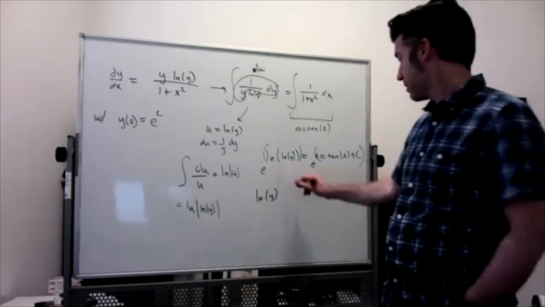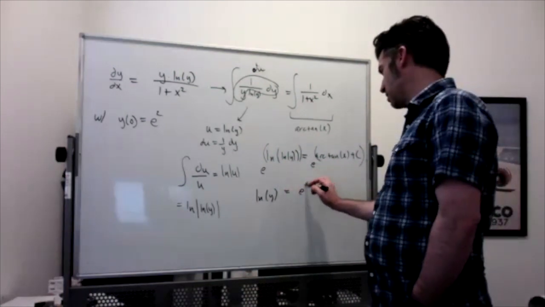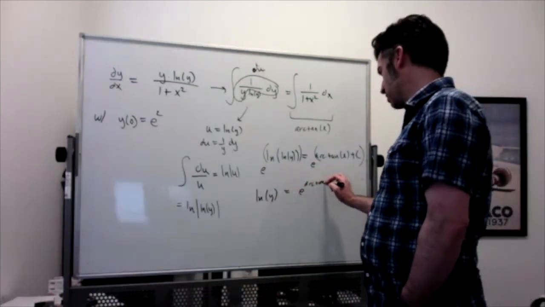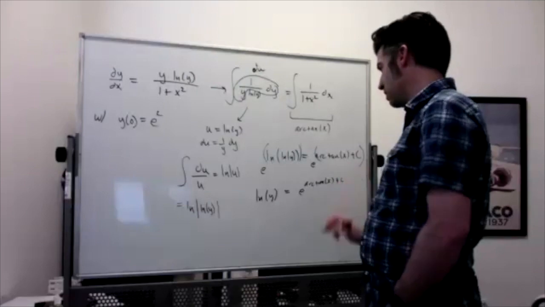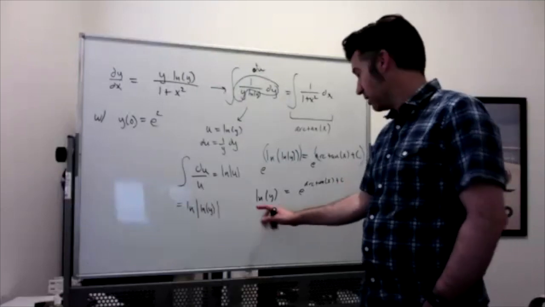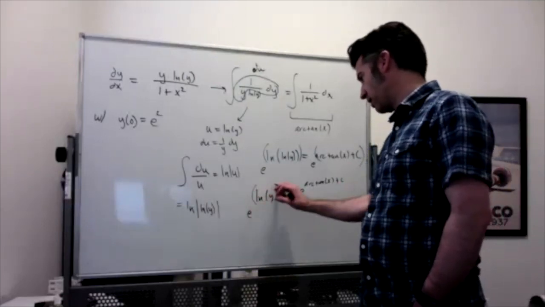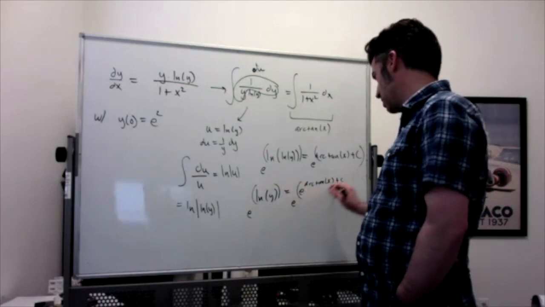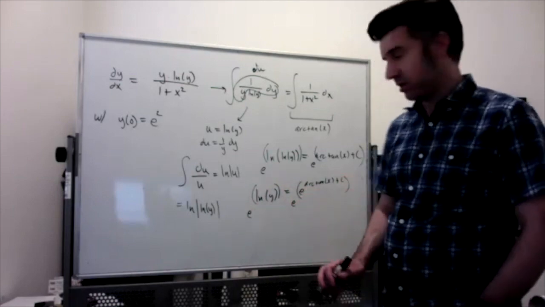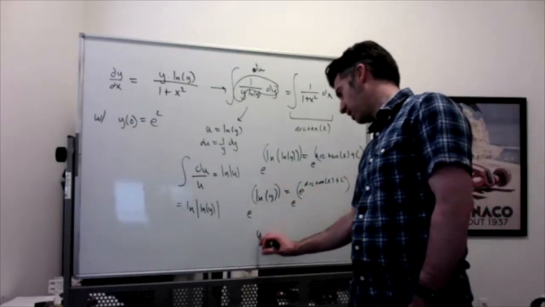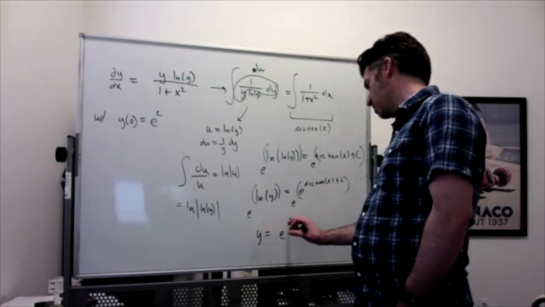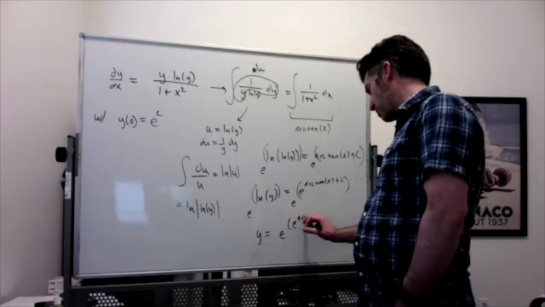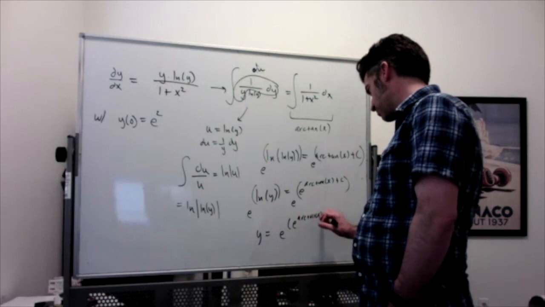It's stuff equals e to the arc tangent of x plus c. And then finally, doing it again, e to the natural log of y is going to equal e to the arctangent of x plus c. That's going to be y equals e to the arctangent of x plus c.